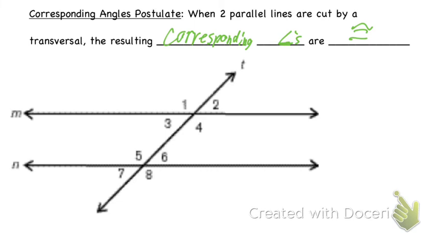Quentin, give me an angle measure for angle 1 that looks like it might be accurate. How many degrees do you think? There's no wrong answer, really.